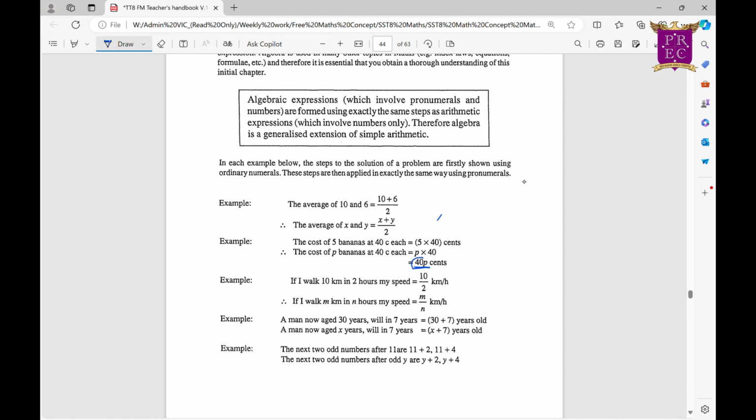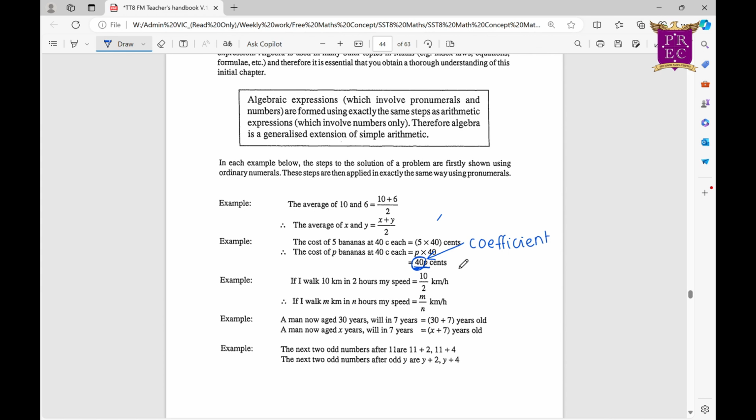And one thing to note is that this number in the front, or any number in the front of a pronumeral, is referred to as the coefficient. And this is important to note once we begin to look at how to add, subtract, divide and multiply algebraic numbers.